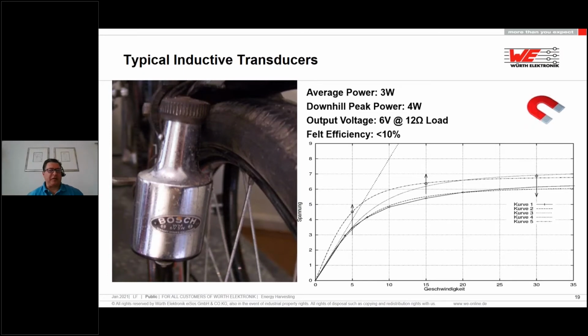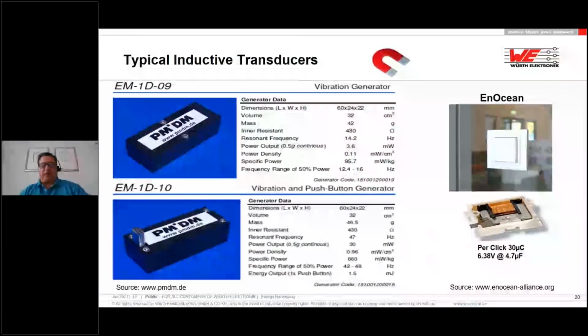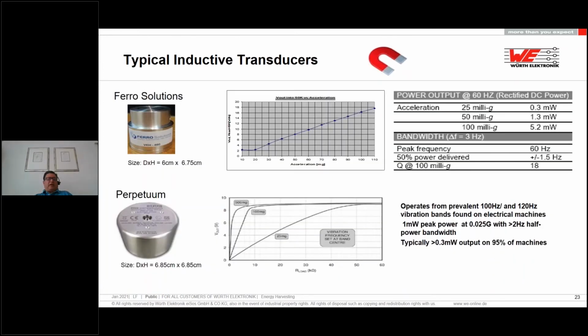It's also energy harvesting. This is inductive harvesting in this case. If you look at EnOcean, they also deliver switches that use the click of the power of your button. And another company like PMDM also makes switches for energy harvesting, introducing transducers for generating electricity from mechanical movement. Other companies manufacture harvesters for acceleration or vibration, like Perpetuum.